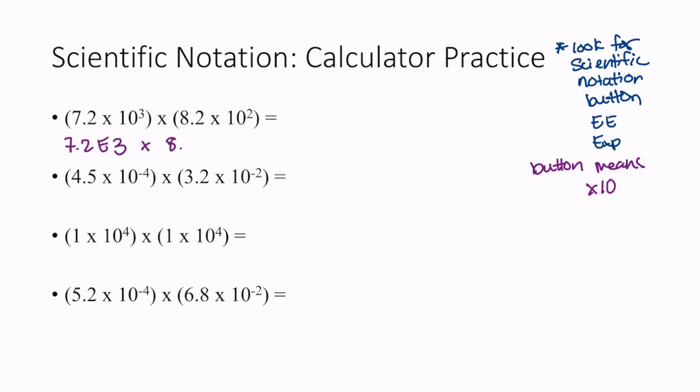And then you'll put 8.2 E 2. And when you put that into your calculator, you should get 5,904,000. Another way of writing this is 5.904 times 10 to the 6.